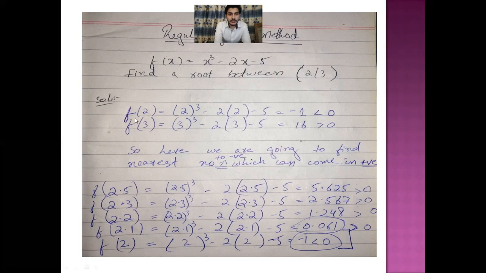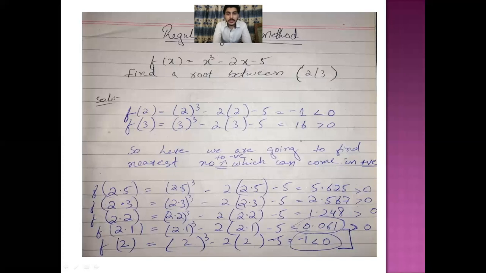So we have taken 2 and 3. The function of 2: we put 2 in this formula. So 2 cube minus 2 into 2 minus 5, it becomes 8 minus 4 minus 5, which is minus 1. The answer comes to minus 1. Also, here its answer comes 16.